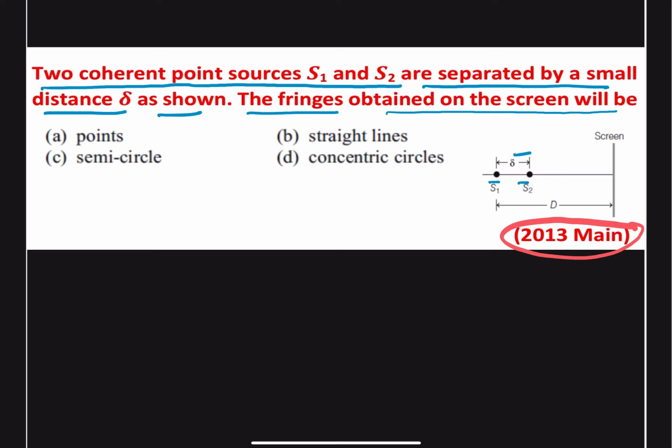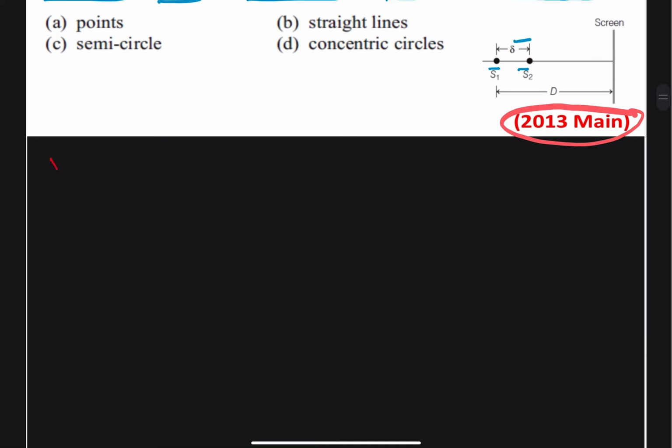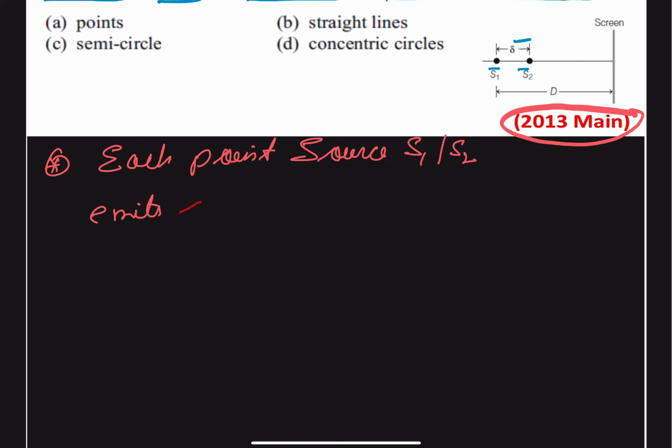So we have two sources S1 and S2. Each point source, whether it is S1 or S2, is going to emit a spherical wavefront.